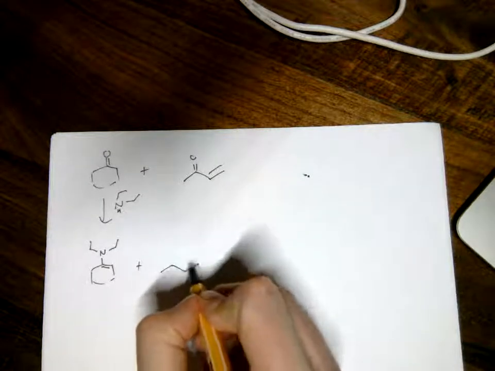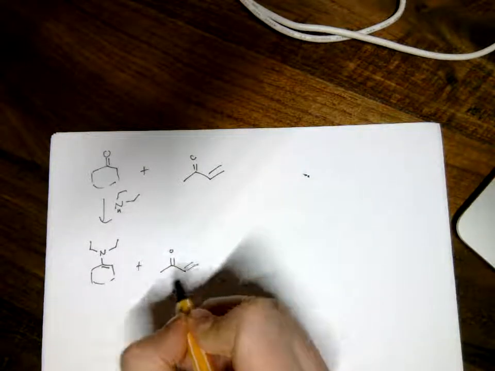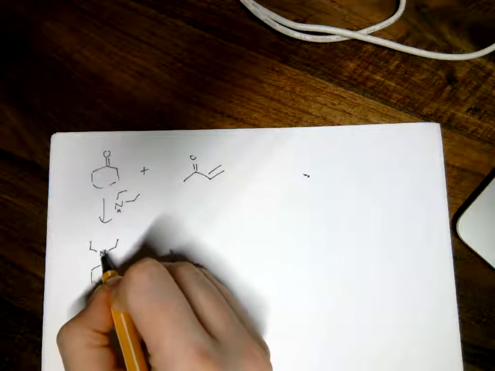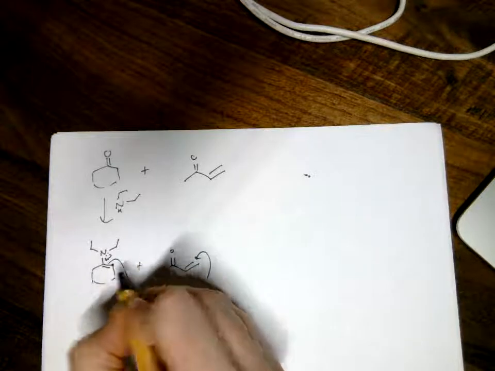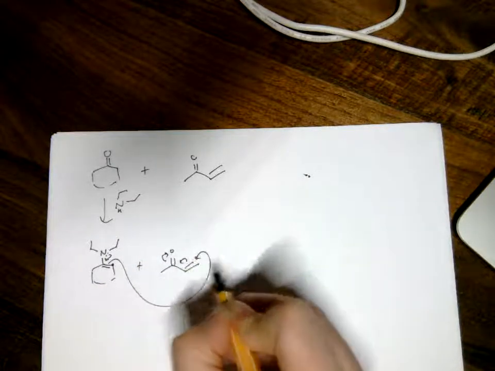And then I could add my alpha beta unsaturated ketone, and it would react from this carbon right here. This would go over and this would kick up.